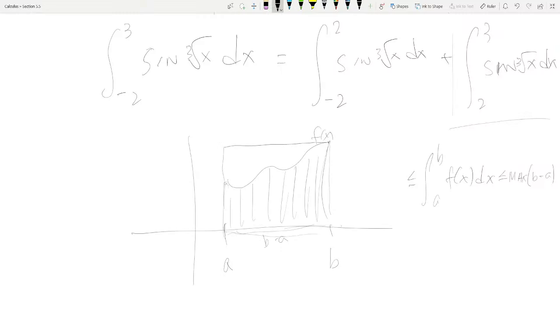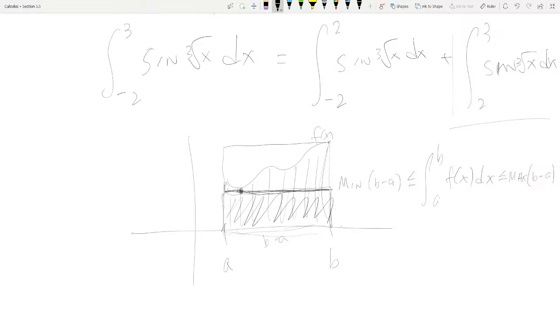So the area has to be bigger than the min times b minus a. Let's say the min is right here. So that area, the min of f of x times b minus a, that's this rectangle.